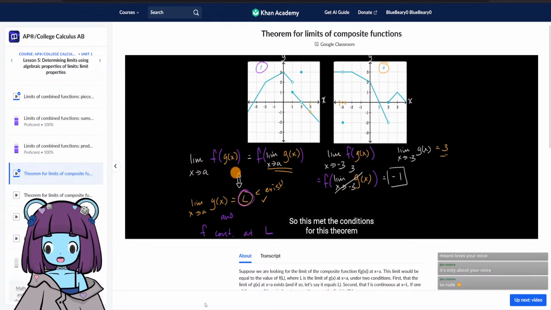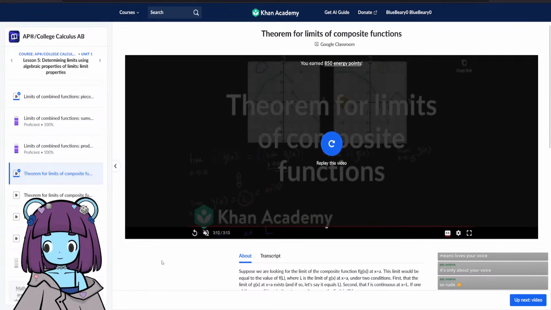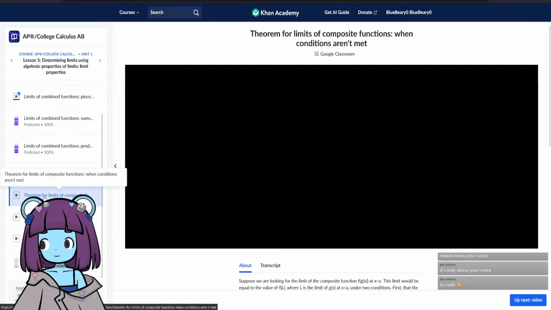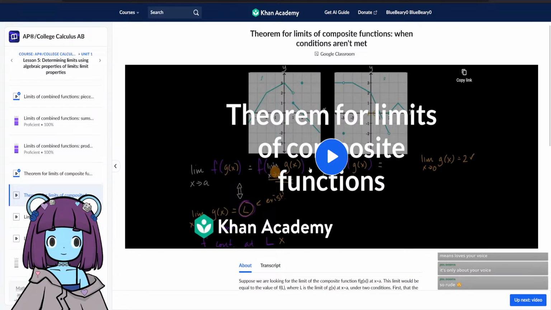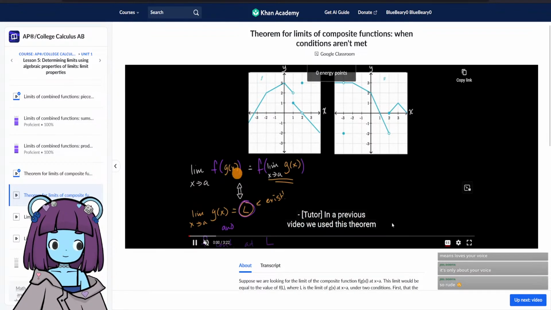Oh, okay, I understand now. So you take that value, find the limit, then you put that into the f of x, and then you find the limit of that. Okay, I understand. I get it now.